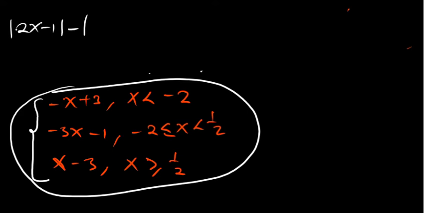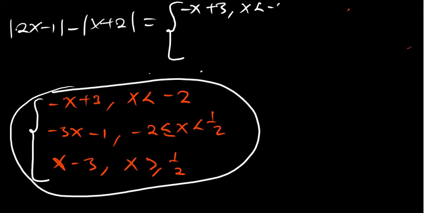This is equal to, redefining this, we have found that negative x plus 3 for the condition x is less than negative 2. Negative 3x minus 1 for the condition negative 2 less than or equal to x less than half. Another one, x minus 3 for the condition x is greater than or equal to half.